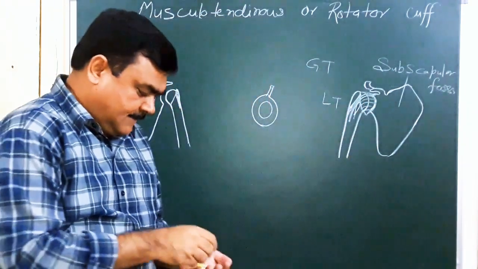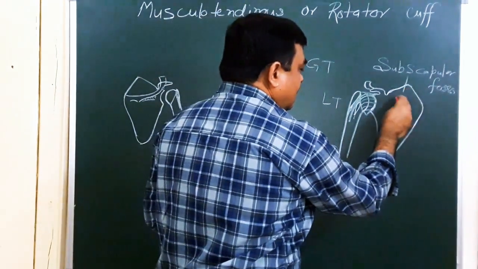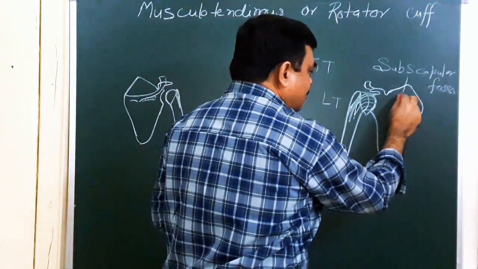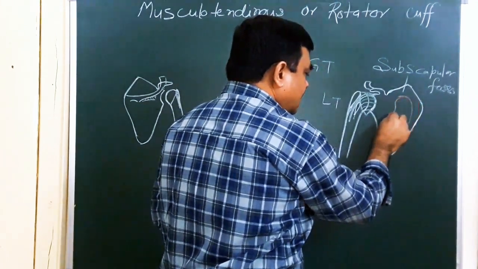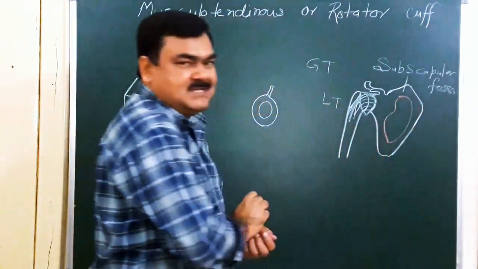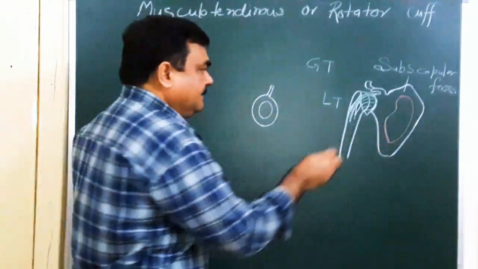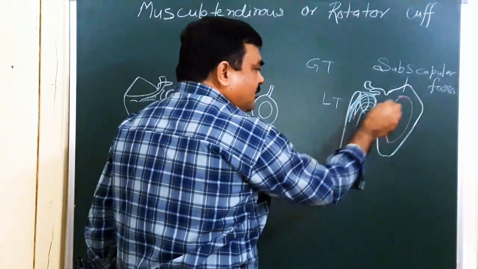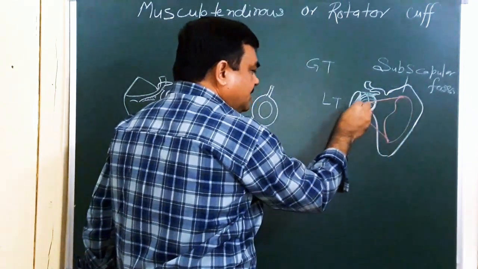This is anterior aspect, and here in subscapular fossa there is attachment of subscapularis muscle. This muscle is inserted on lesser tubercle.